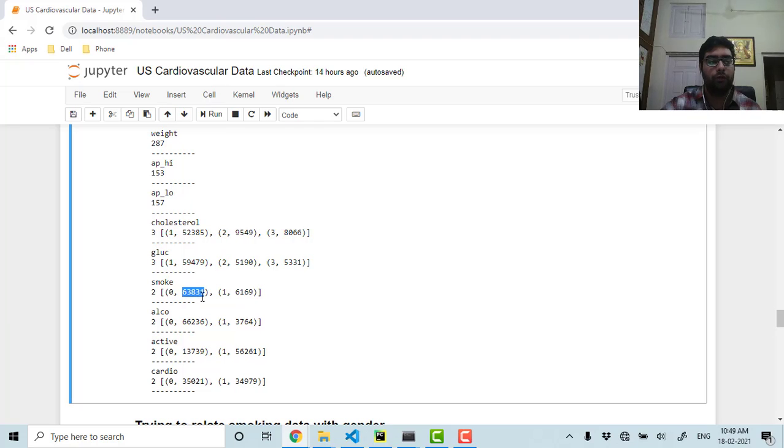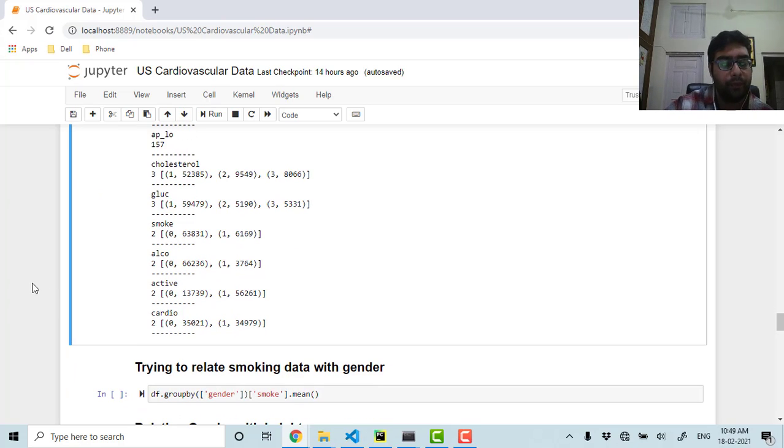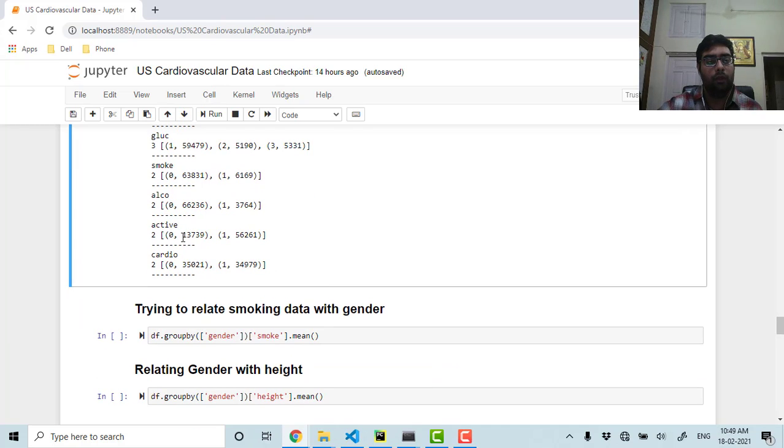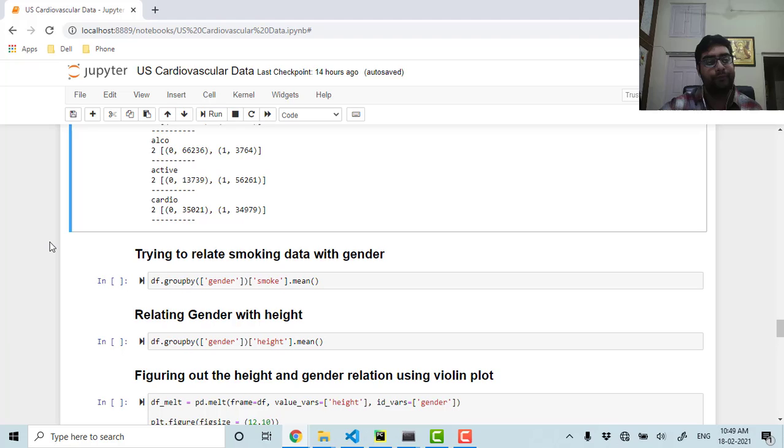So around 63,000 to 64,000 people do not smoke, while only 6,000 people are smoking. So it is a very low ratio. And similarly for alcohol, it is lesser than the smoking people. For physical activity, you can see that only 13,000 people are not physically active, whereas 56,000 people are physically active. So that is good.